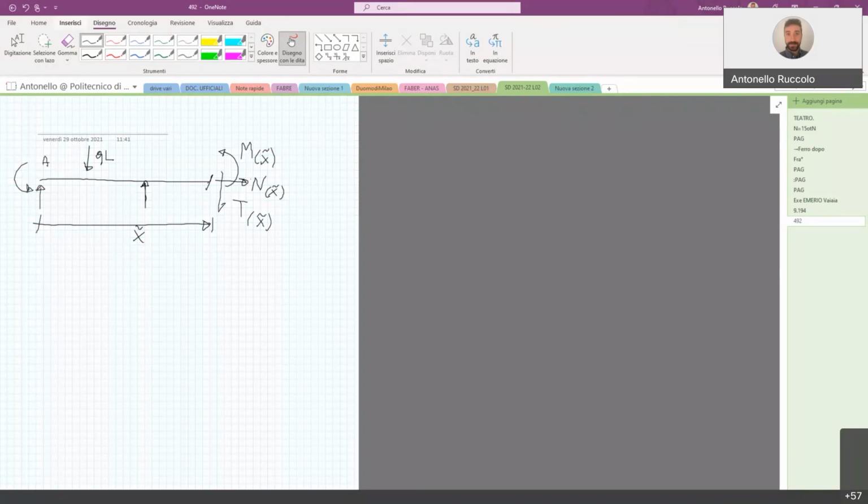You can understand that the computation of m, n, and t is not that difficult, but is quite long.